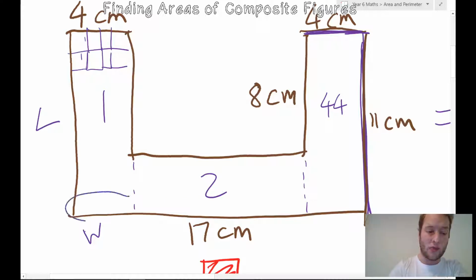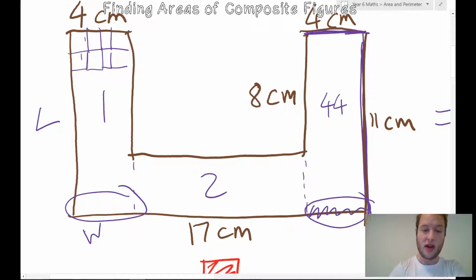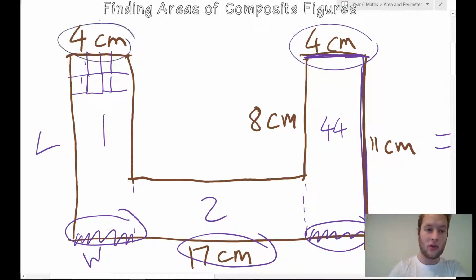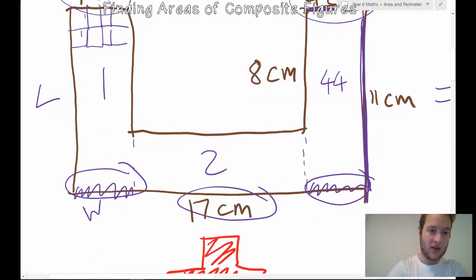I need to remove this section and this section, so that I know what the bit that is left over is. So I'm going to subtract 4 and 4 from 17, because that's 4, it means that this will be 4 and this will be 4. If I remove the 4's, then it'll take those lines away.